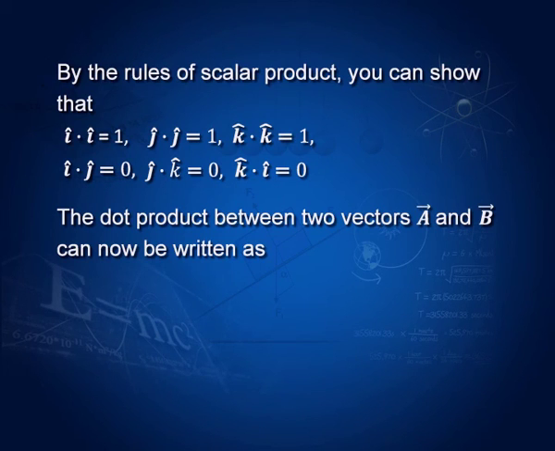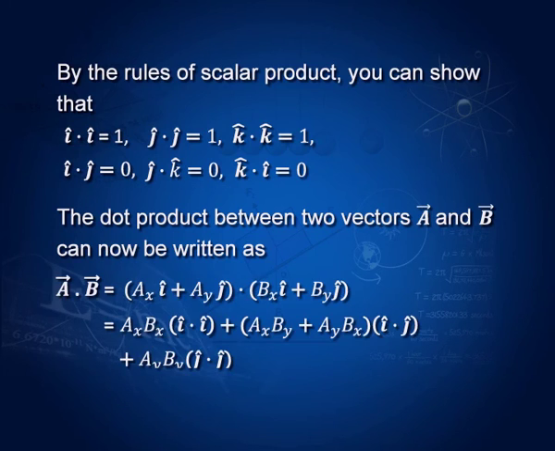And the dot product between two vectors A and B can be written as vector A dot vector B is equal to, again we write them into their components, a x i cap plus a y j cap into b x i cap plus b y j cap, and we can multiply using these, that i cap dot i cap is equal to 1, etc. We can get the result a x b x plus a y b y.